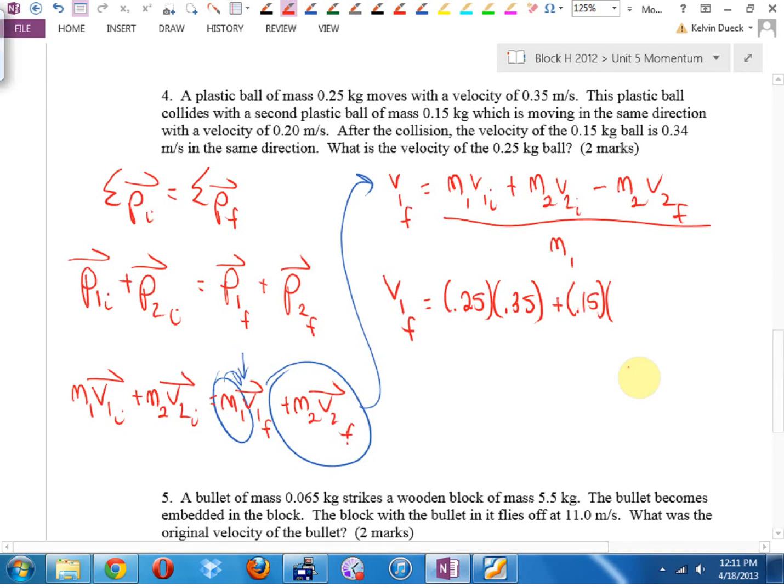Oh, it says in the same direction. So 0.2 minus mass 2, which was 0.15, V2 final, 0.34, positive or negative? Same direction. All divided by mass 1.